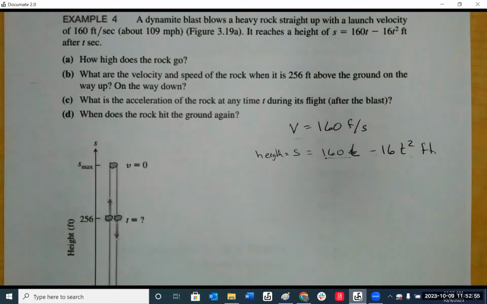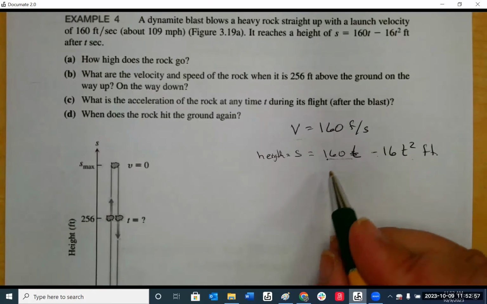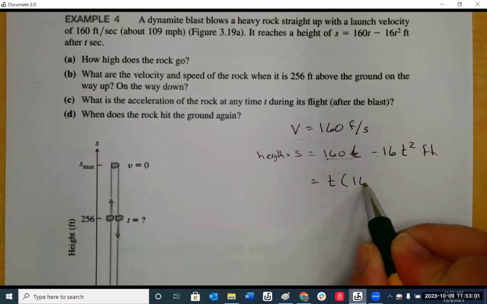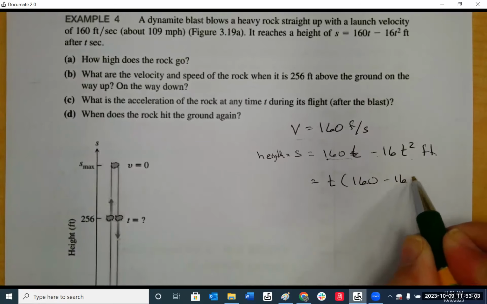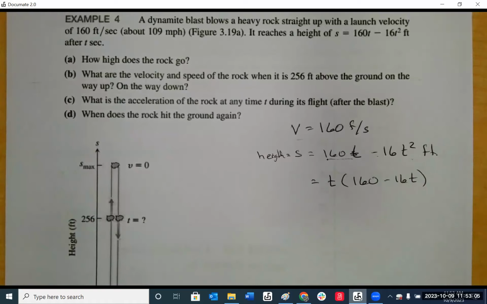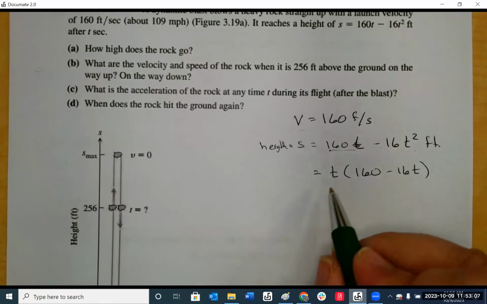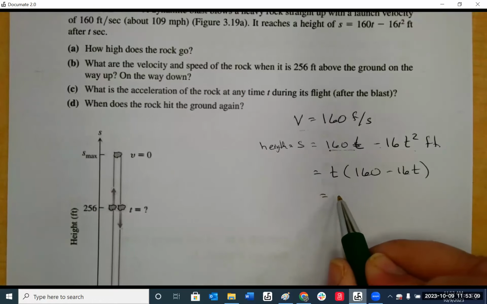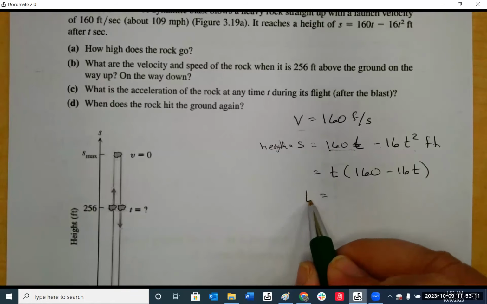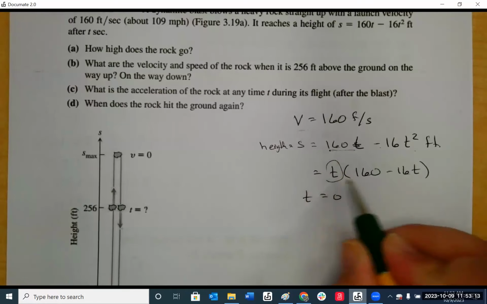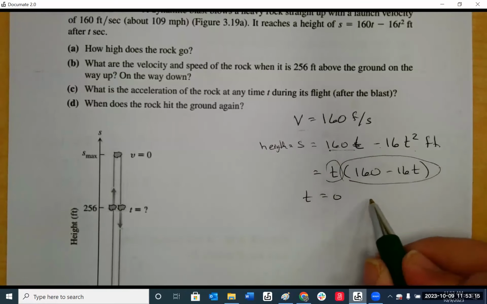It's a quadratic equation. So what we can do here is factor that out and set both of these equal to 0.